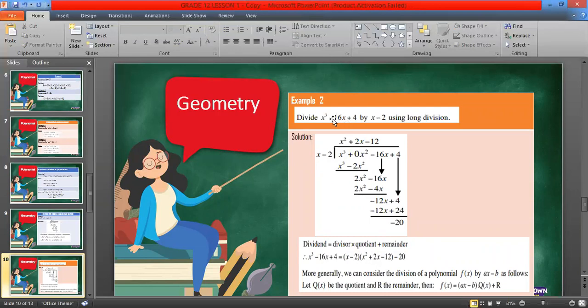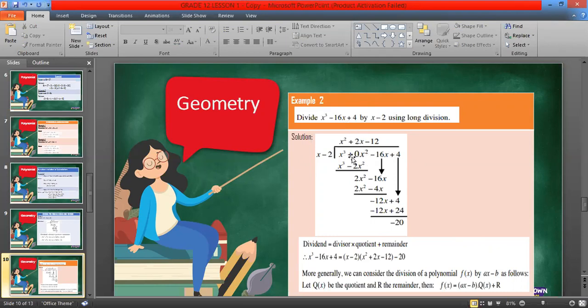Whenever anything is missing in that order, it must go 3, 2, 1, 0, decreasing in powers of 1. So to fix that, you put 0x squared and rewrite it.